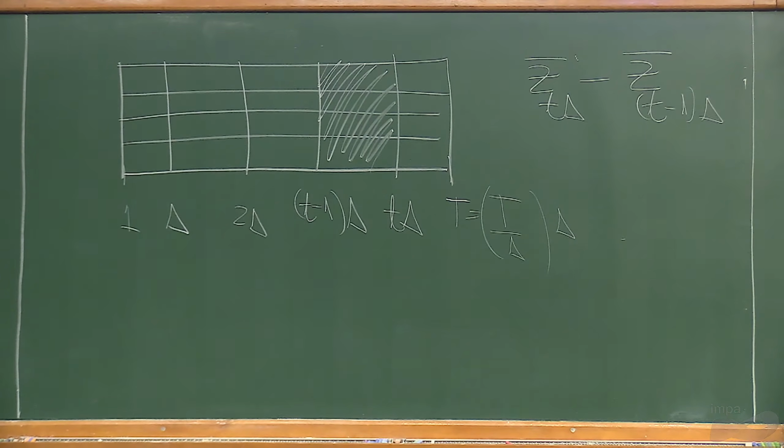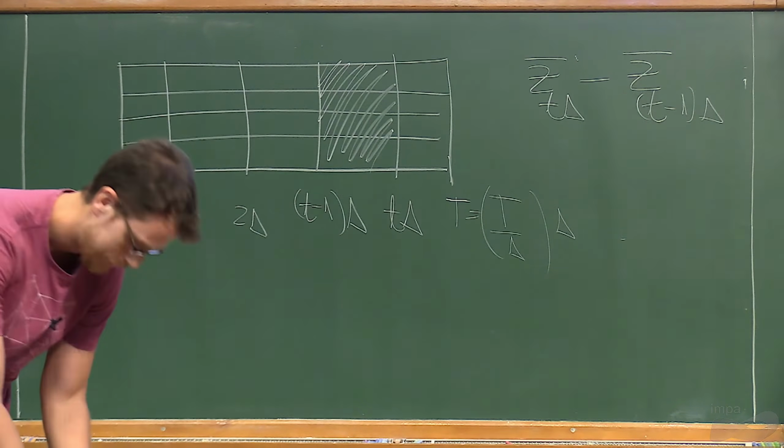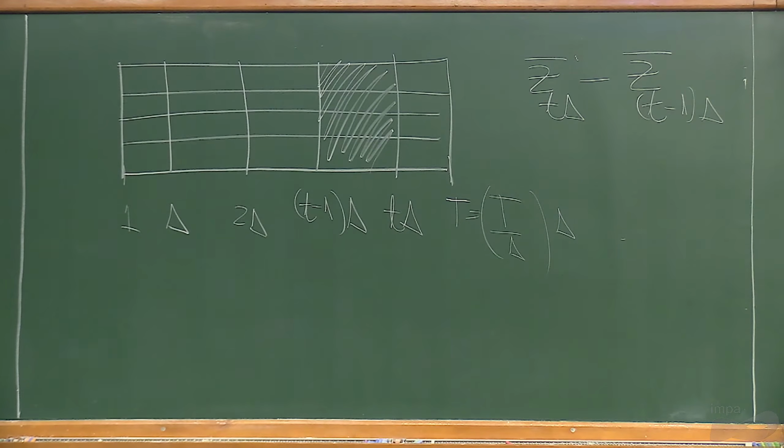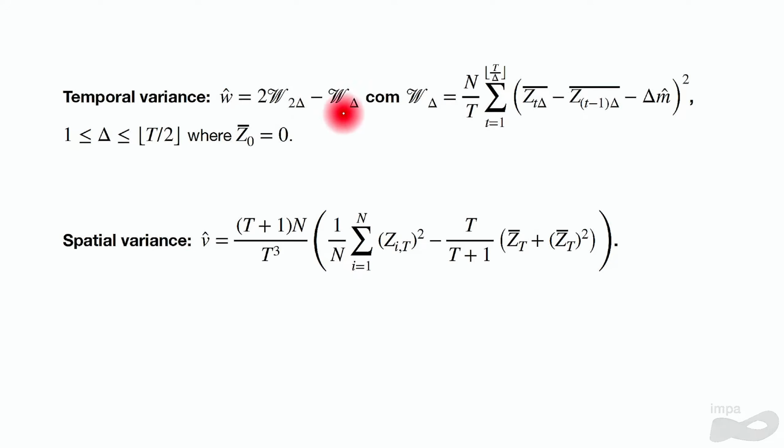But when I consider that, this quantity also converges to W, and then I multiply by 2 to have the same limit. But by studying their difference, the convergence is much faster than by considering each one individually. So that's why we ended up with this thing here.